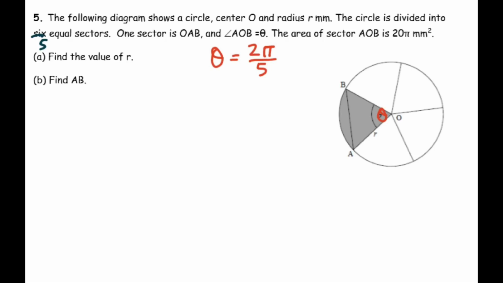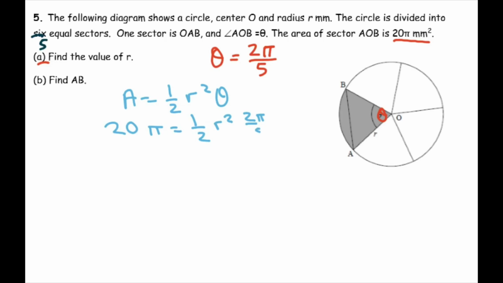So now we have to find the value of r, and they give us the area of the sector is 20 pi millimeters squared. So here's our formula. We have A equals 1/2 r squared theta, and they gave us our area, which is 20 pi, equals 1/2 r squared times 2 pi over 5.